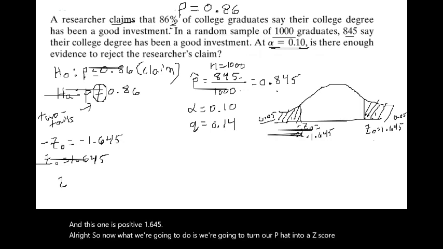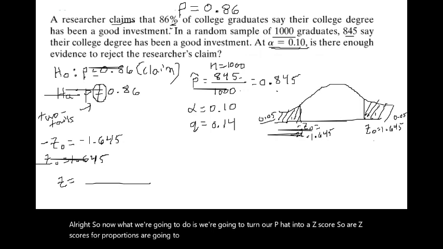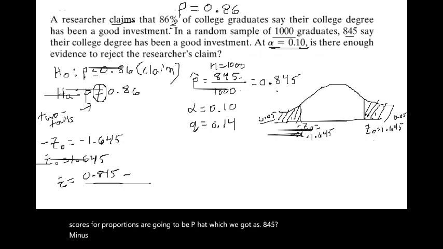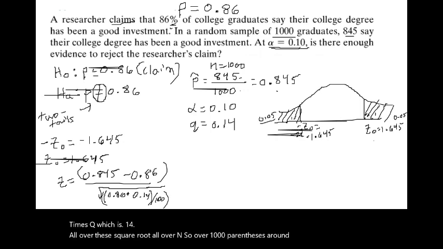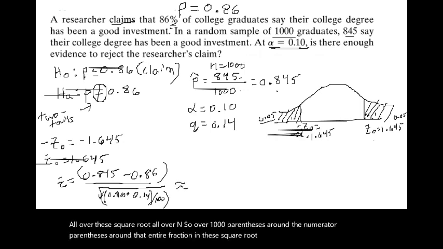The z-score for proportions is p hat, which we got as 0.845, minus the p in the proportions, which is 0.86, divided by the square root of p, which is 0.86, times q, which is 0.14, all over n, so over 1,000, with parentheses around the numerator and around that entire fraction in the square root. You should get a z-score of approximately negative 1.37.